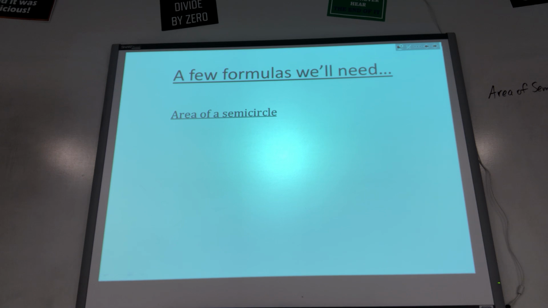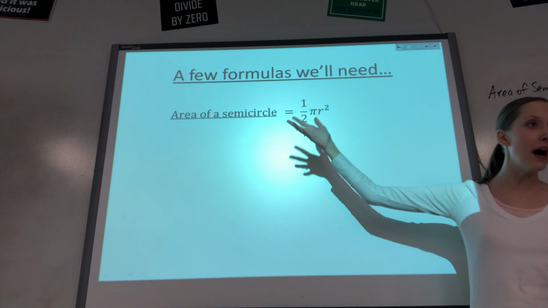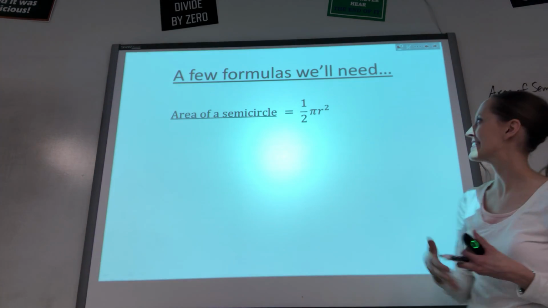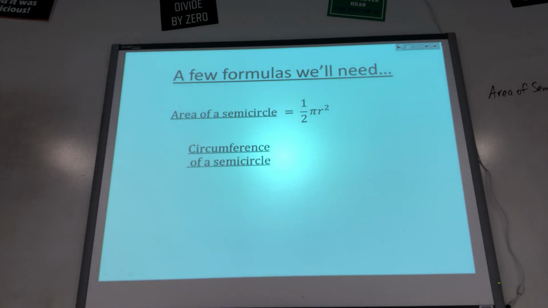You may have worked with this back in maybe even middle school or Algebra 1, but the area of a semicircle is 1/2 pi r squared. Pi is just pi, but what do you think the r represents? Radius. Okay, I didn't put that up there because I figured you can remember that.